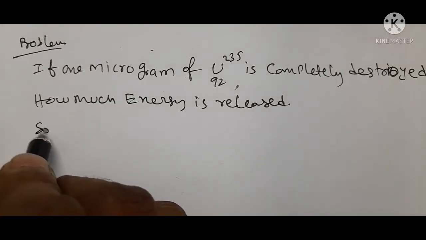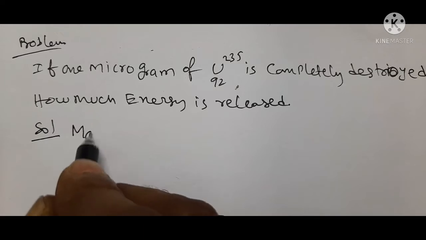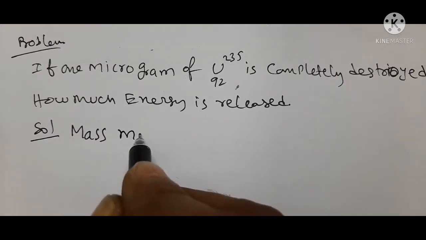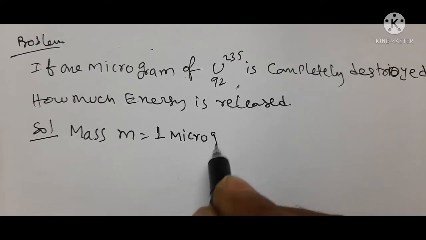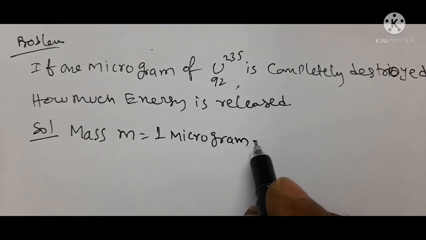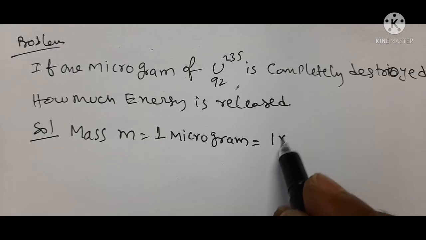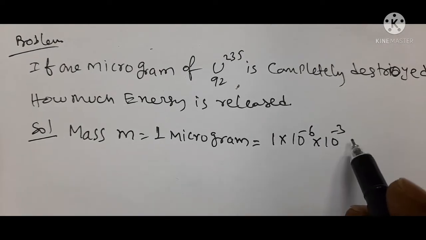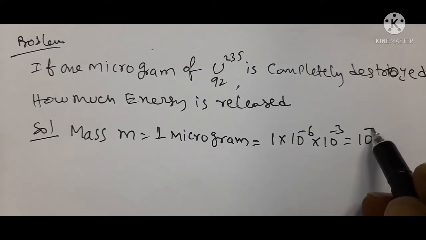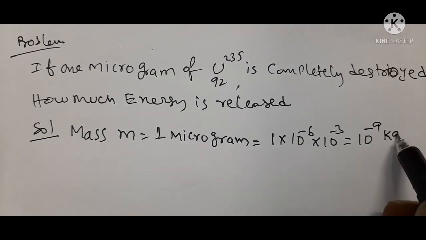First, the mass is given here. Mass m is equal to 1 microgram. So you have to convert it into kg. That is 1 into micro, which means 10 power minus 6, gram means 10 power minus 3. That is equal to 10 power minus 9 kg.